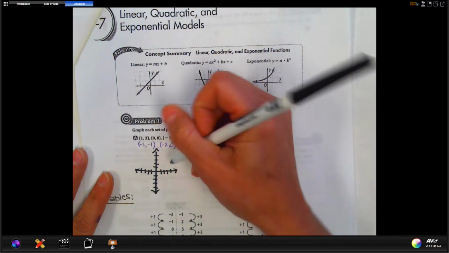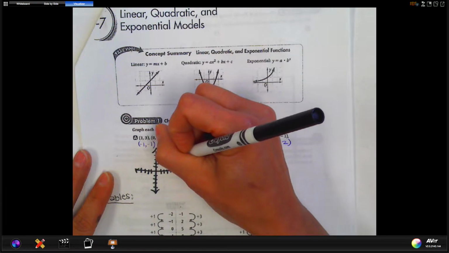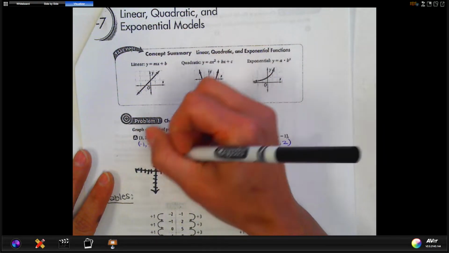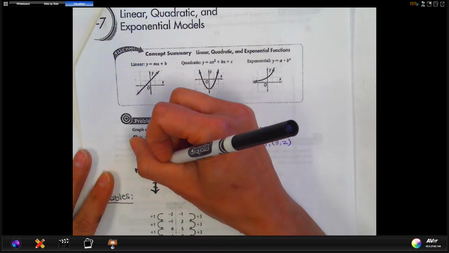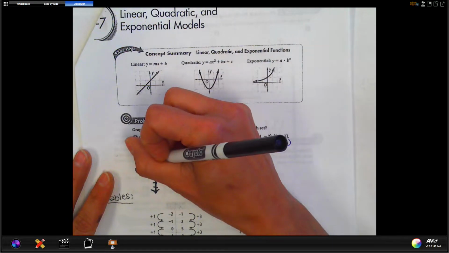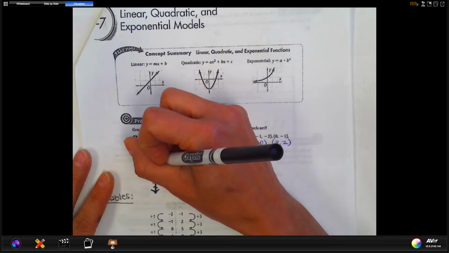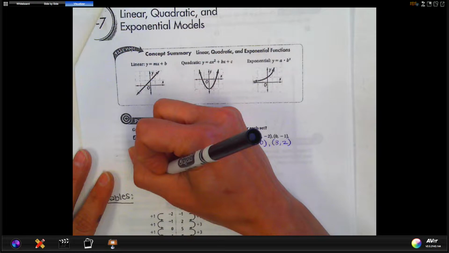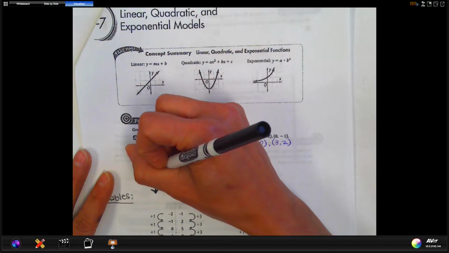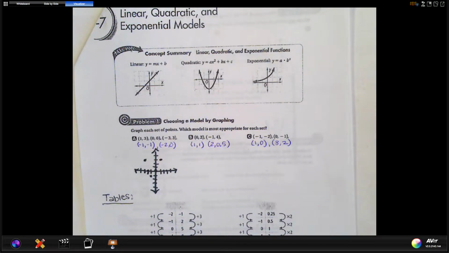And then I'm going to graph it. So I'm going to go right 1, up 3; 0, 0; left 3, up 3; 1, 2, 3; negative 1, negative 1; and then negative 2 and 0. If I put all these dots on the graph, mine's a little hard to see.